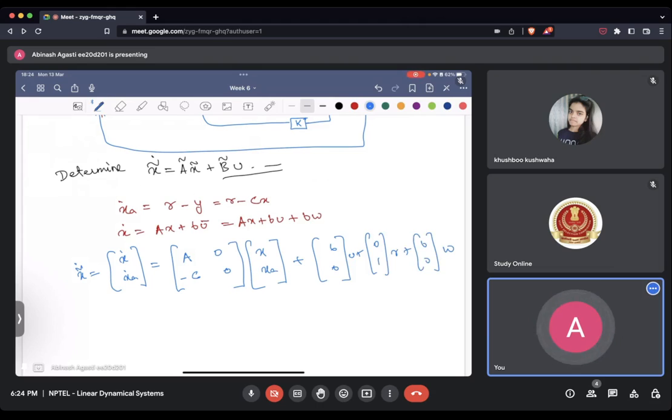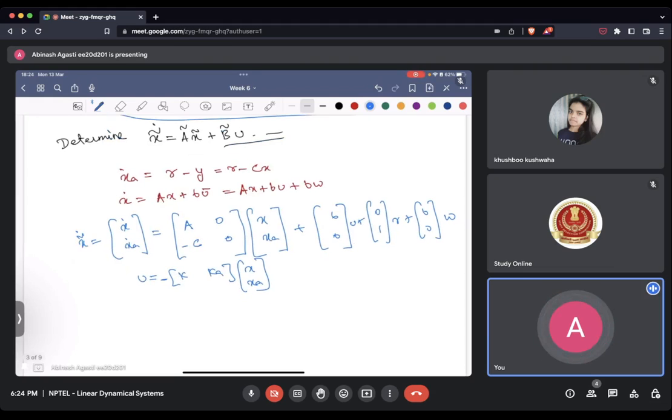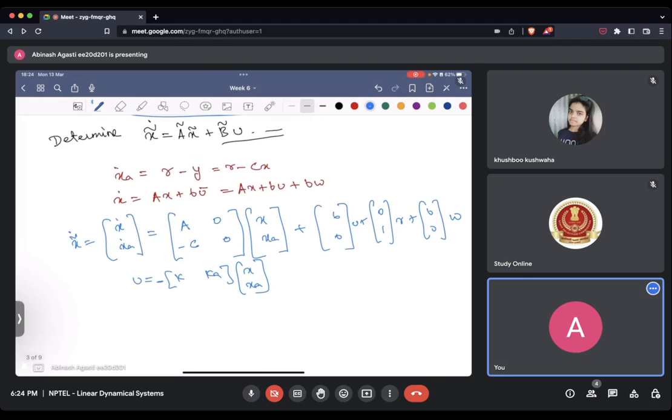Okay, now we can write some state feedback U as K minus K_a XA. So this gives me, so this is A tilde.